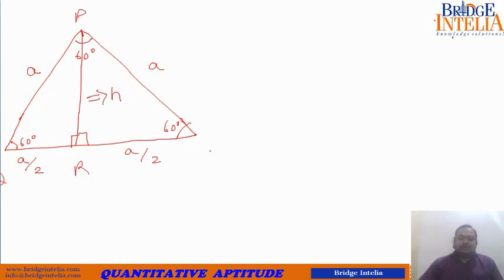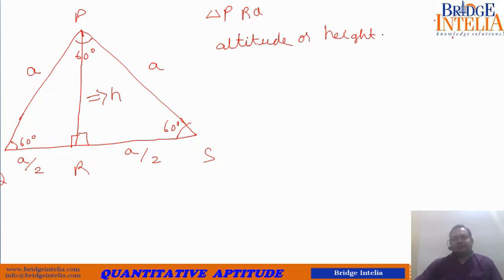So in triangle PRQ, if you apply Pythagoras theorem, then you can find the altitude or height of an equilateral triangle. You can give it the shape of a formula. It will be equal to what?